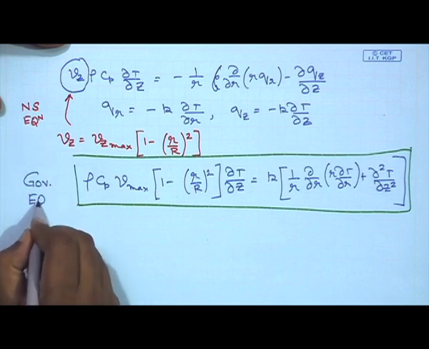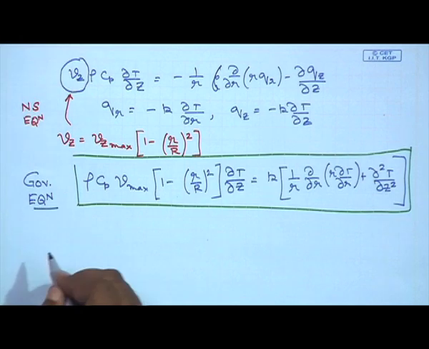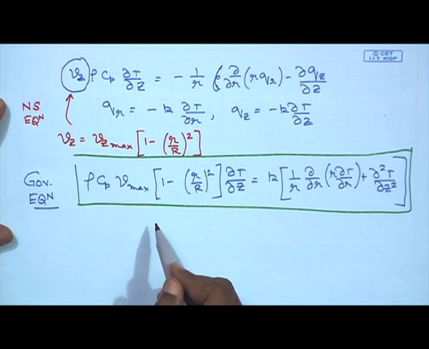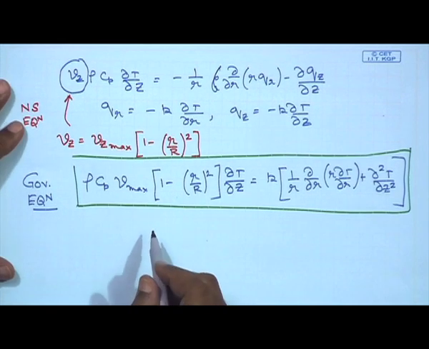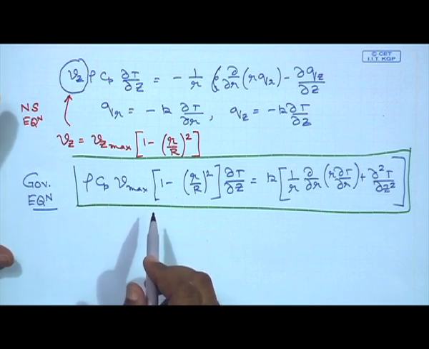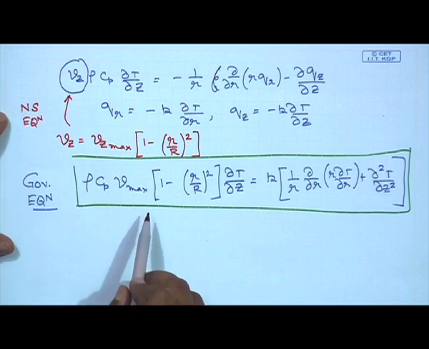And this governing equation will have to be solved with appropriate boundary conditions, which we will discuss later on. The point that I would like to make here is that in order to obtain this governing equation, we have to go through a complicated process of finding out what is going to be my smaller dimension for the assumed shell.